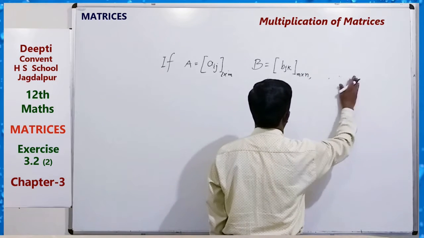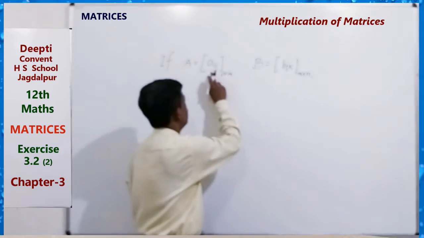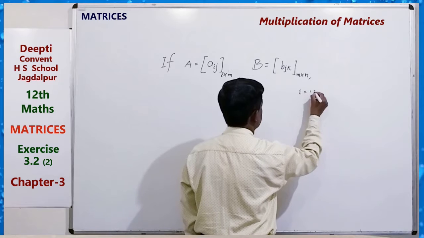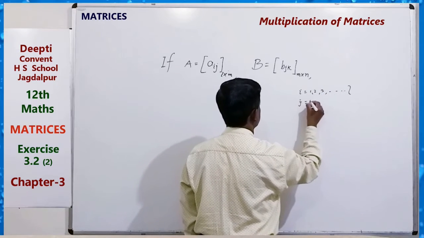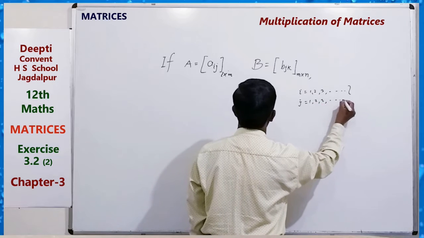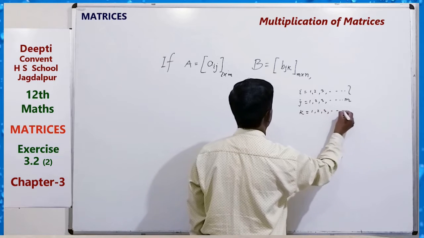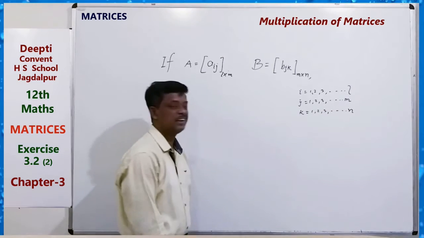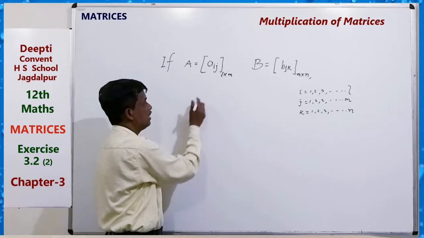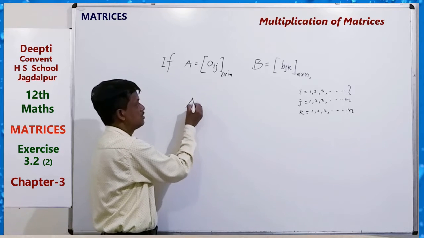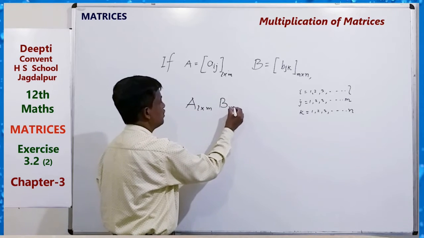Suppose order L, that means I equals 1, 2, 3 up to L. J equals 1, 2, 3 up to M. K equals 1, 2, 3 up to N. These are the indices. Its order, A is L by M, and B is M by N order.